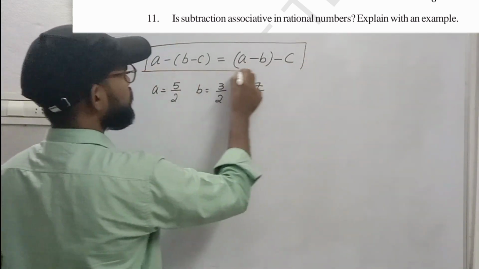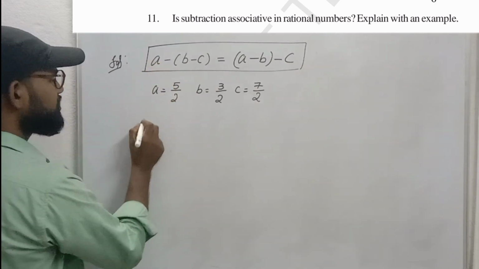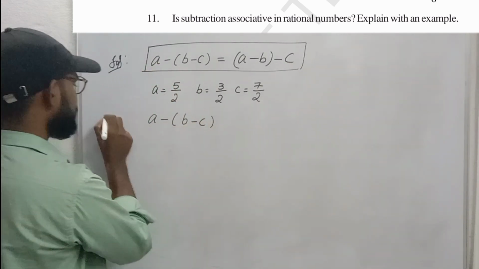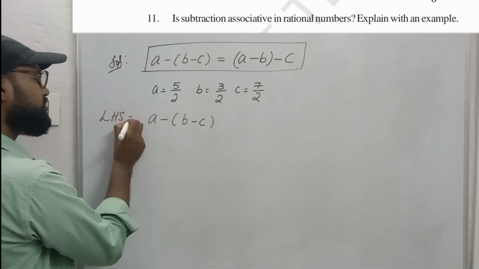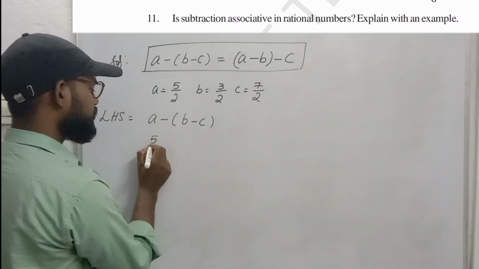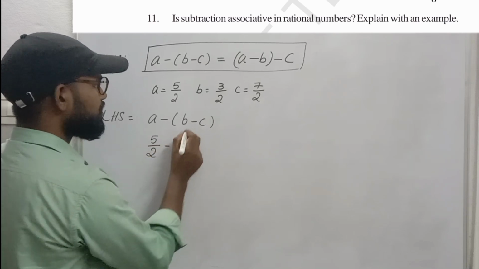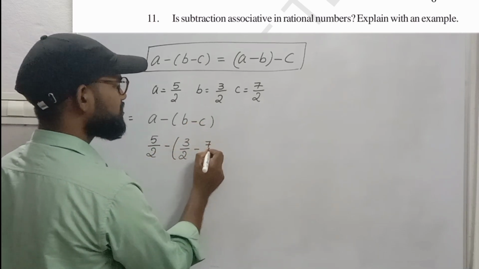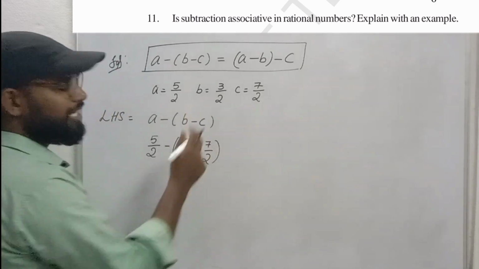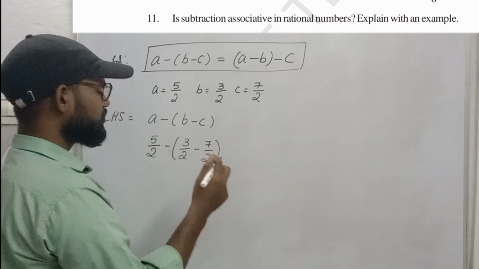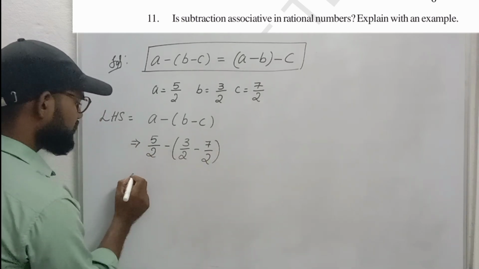So now we will take the LHS from this. From this side we can consider a minus of b minus c as the LHS, left hand side. Now see, a value is 5 by 2, minus b value 3 by 2, minus c value 7 by 2. You can take any values for a, b, c. I consider 5 by 2, 3 by 2, 7 by 2, your wish. Next step.